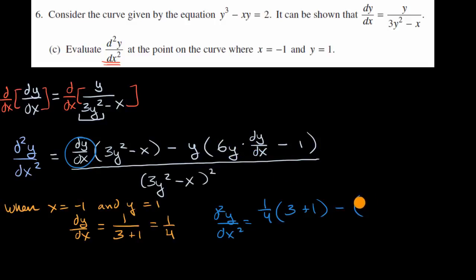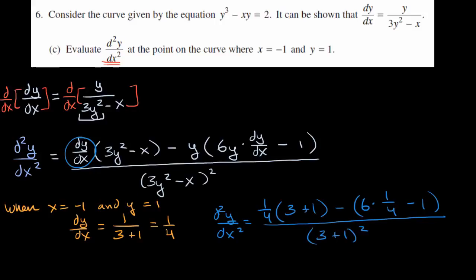Let me just write it out: 6 times 1 times 1/4 minus 1. All of that over, let's see, this is going to be 3 times y squared. y is 1, so this is going to be 3 minus -1, so plus 1, squared.